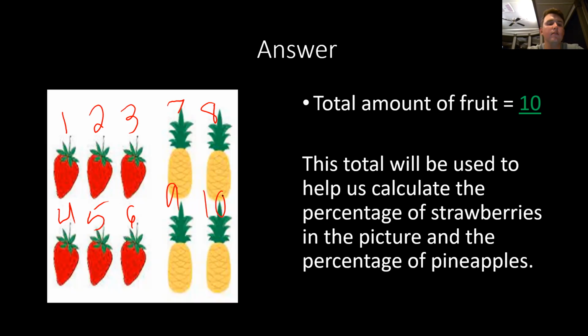And so if you add 6 plus 4, that will give you 10. So that'll be the total amount of fruit, which will be 10. This total will be used to help us calculate the percentage of strawberries in the picture and the percentage of pineapples in the picture. So please pause the video and draw out this picture and take down the total amount of fruit you see in the picture.